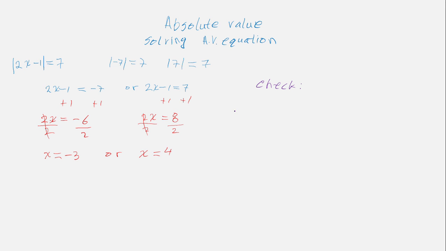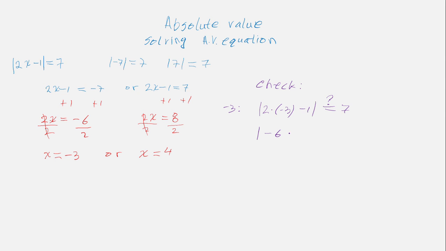So let's do the check with the negative 3 first. We say absolute value of 2 times negative 3 minus 1, and we are checking if that equals 7. So 2 times negative 3 is negative 6.